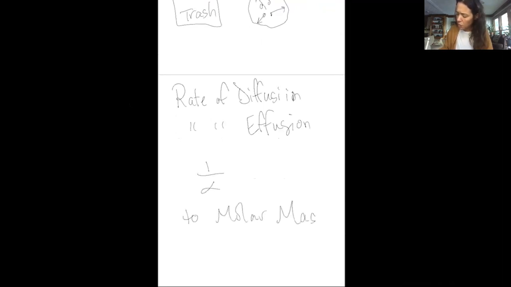Which is exactly what we just said. As the molar mass goes up, the rate of these gas particles' motion goes down. So the speed or the rate, which is sort of distance per time, is going to go down the heavier a gas particle is.